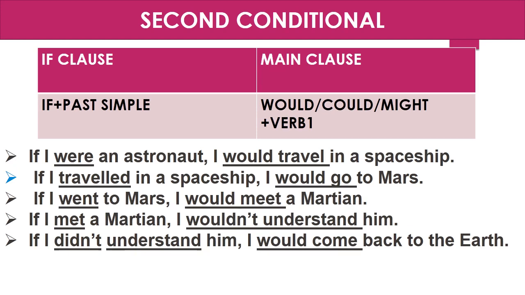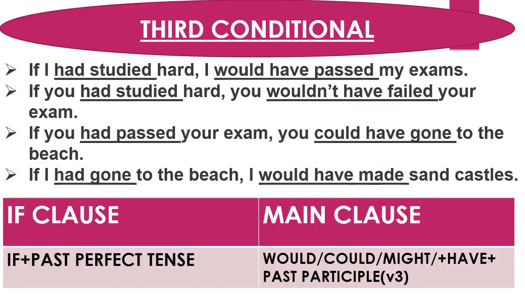Now let us discuss third. In third conditional sentences, in if clause we use past perfect tense, and in main clause we use would or could or might plus have plus past participle, means third form of the verb. So let us understand it with the examples.